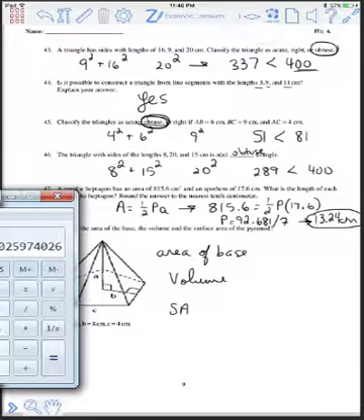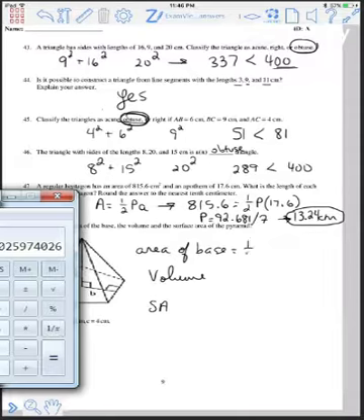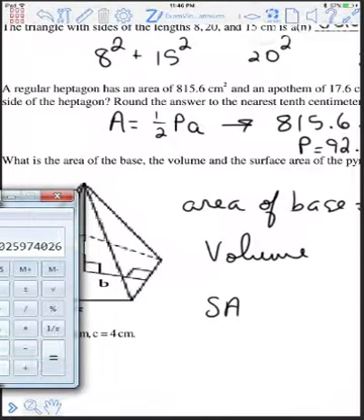So the area of the base, using the same formula that we used up from question 47, is 1/2 times the perimeter times the apothem. This is 1/2. Now the perimeter, we have a side length here, C is equal to 4. That means all the sides are 4.